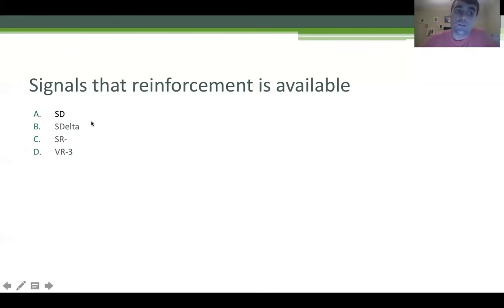However, at least understand that when you're giving an SD, you're signaling to the student or the client that there's reinforcement available for responding to that SD. And at the heart of an SD, that's what it is. I say touch green as my SD, I'm signaling that if they touch green, reinforcement is available.